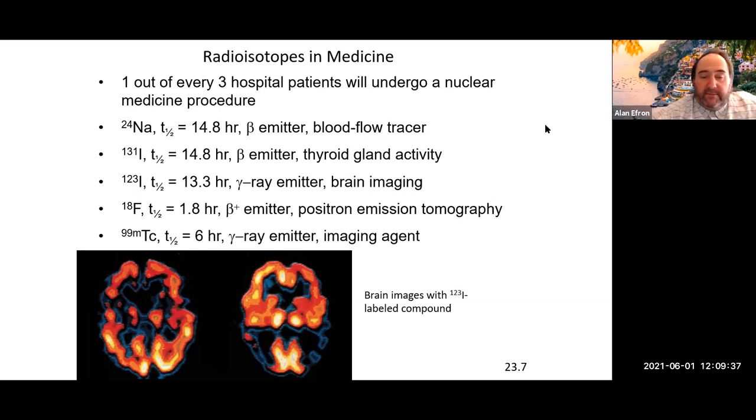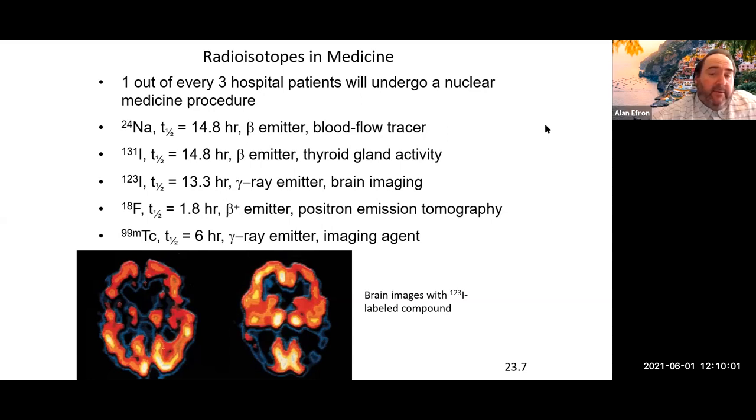So here are some examples of isotopes that are used for a variety of things over the years. Sodium 24 is a blood flow tracer, iodine 131 is for your thyroid, fluorine 18 is for positron emission, and technetium 99 is an imaging agent.